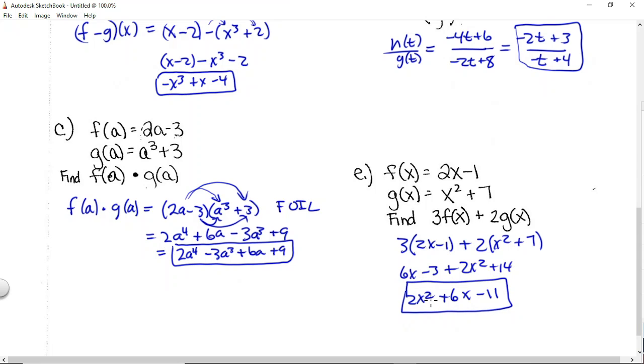And that is 3f of x plus 2g of x. So that's all the examples. Now on the homework, the second half of the homework is something we haven't gone over today, function composition. So for now, you just do 1 through 8 on the homework. That's all.